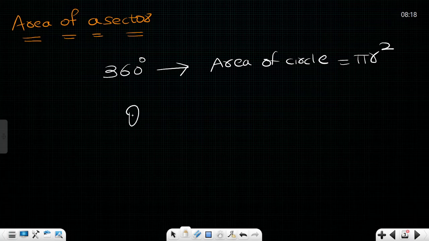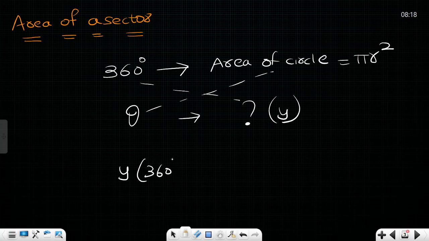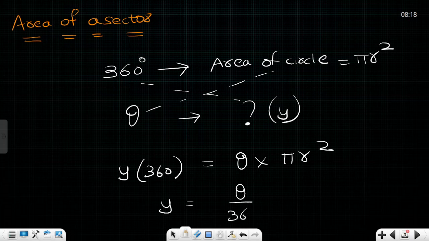So for theta, how much it is? Let's call it y. Cross multiplication. Y into 360 is equal to theta into pi r square. So y will be equal to theta by 360 into pi r square.